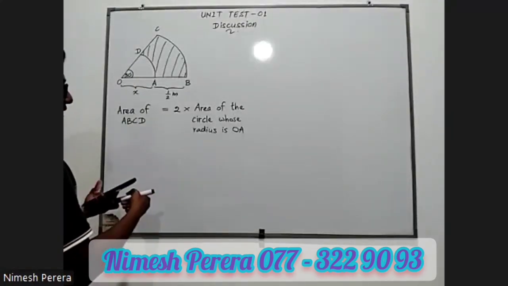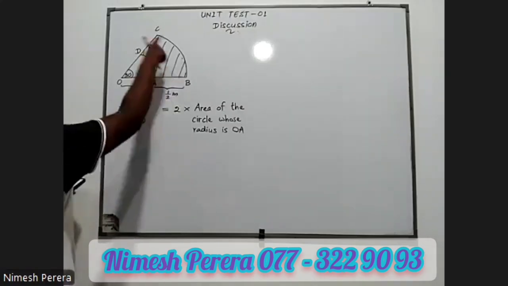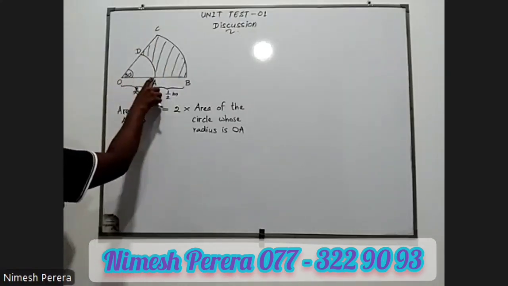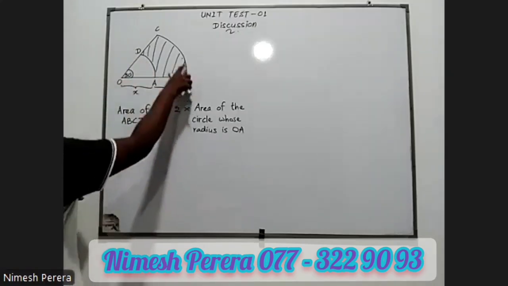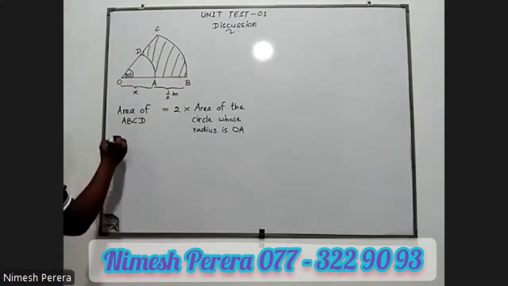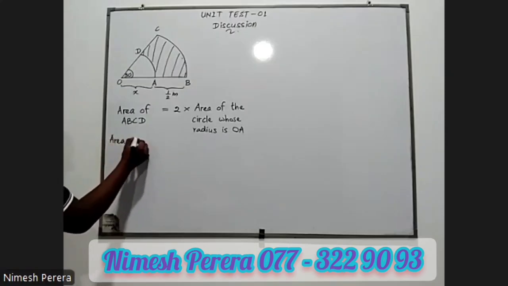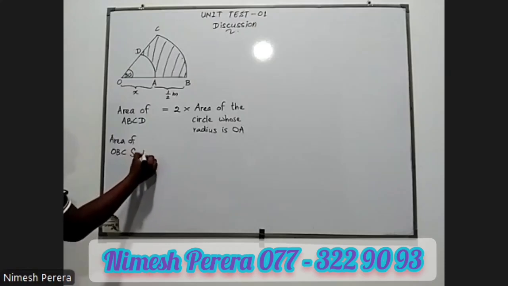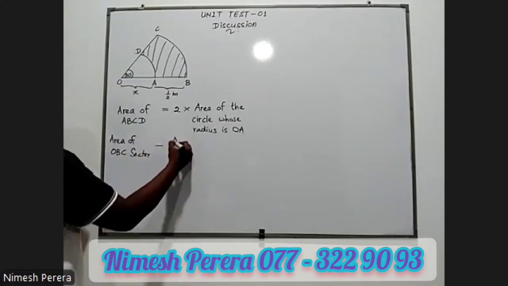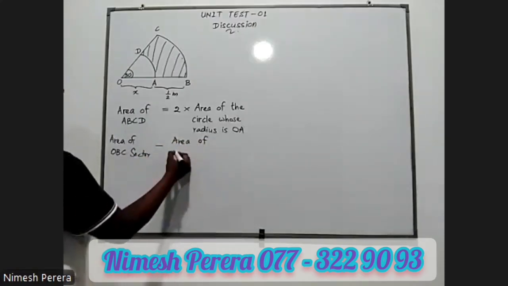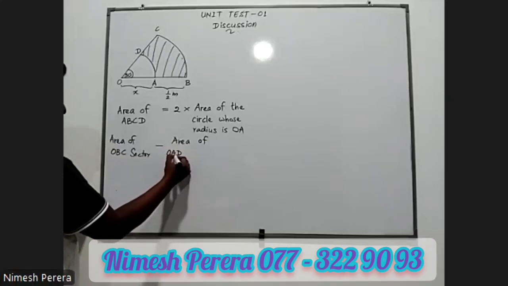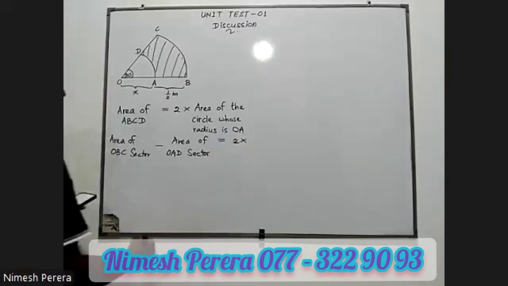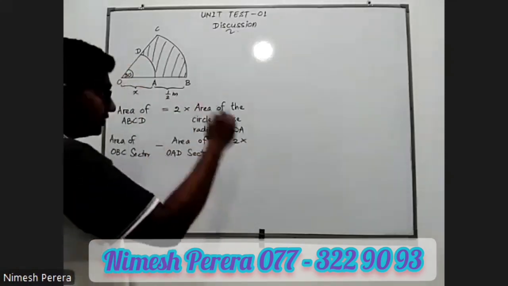Now let's write the equations. ABCD area can be taken by subtracting area of this small sector from the area of the bigger sector. Area of OBC sector minus area of OAD sector is equal to 2 into area of the circle.